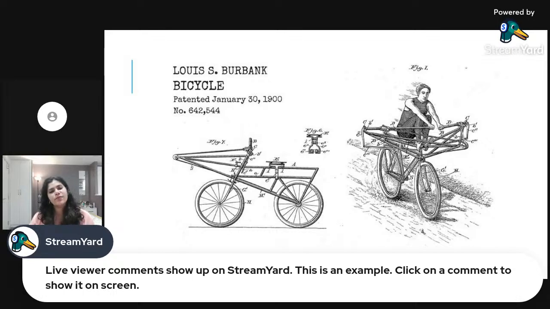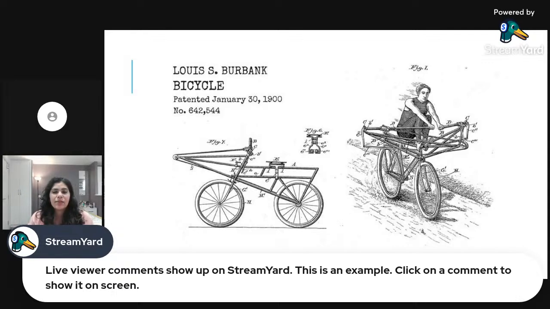So, this is a bicycle which was patented by a person called Louis Burbank. As you can see, the date of the application is 1900, and it's a very peculiar cycle because it allows you to exercise both your legs and your arms while cycling.